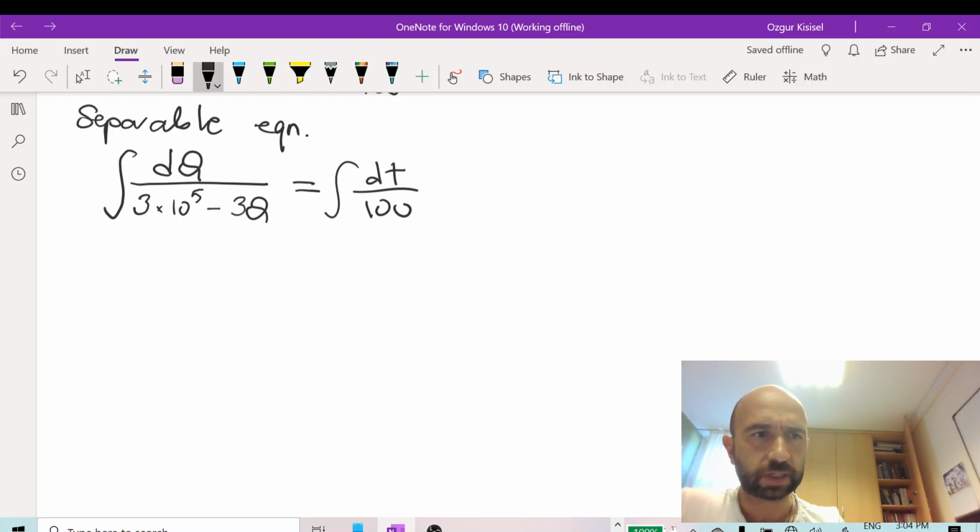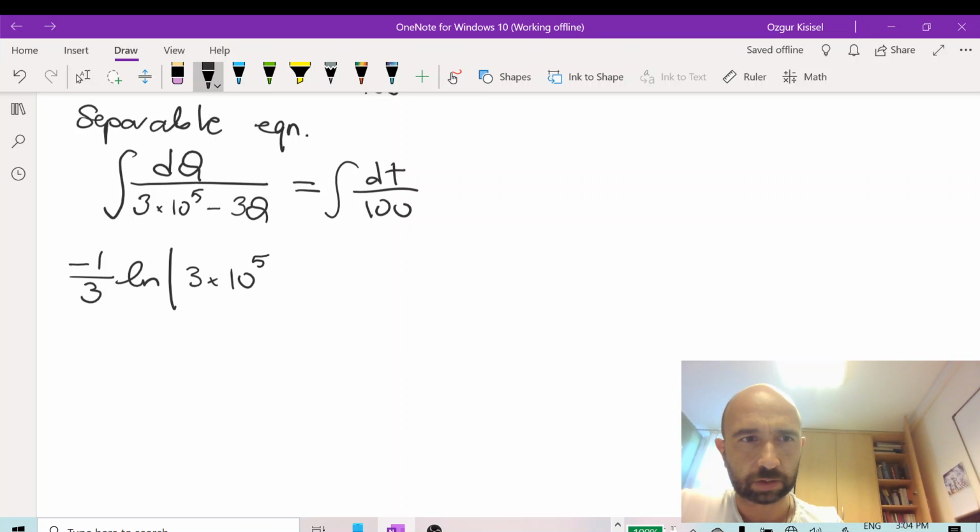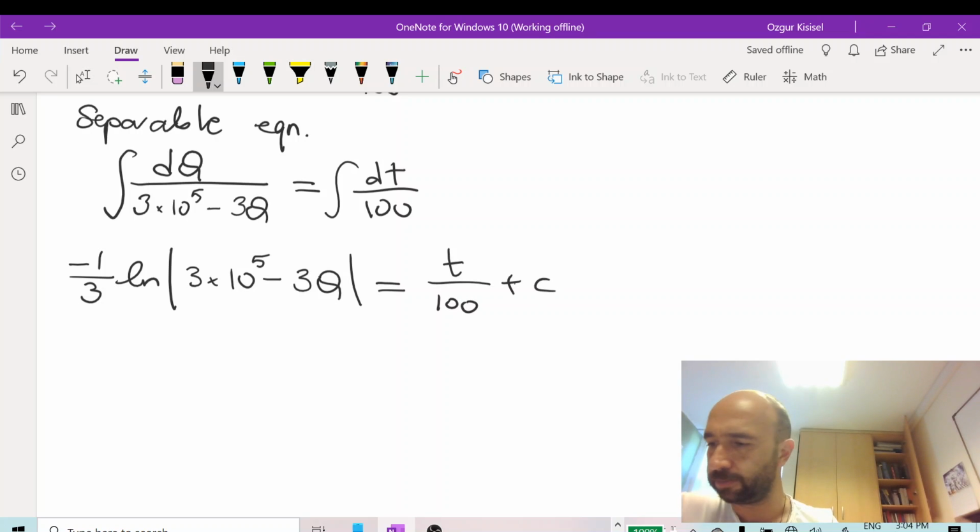Okay, this side gives us minus 1 over 3 ln of 3 times 10 to the 5 minus 3Q, and this should be equal to t over 100. I also have to put a plus C. Then you can solve this equation for Q. You exponentiate and you leave Q alone.